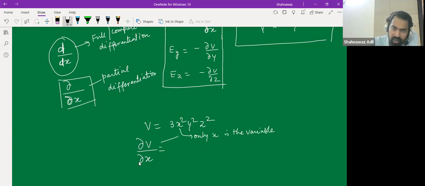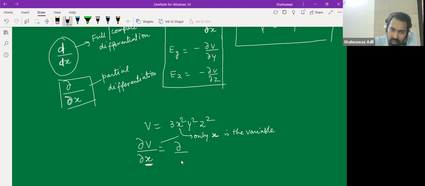In case of partial differentiation, only x would be the variable. If I am taking the differentiation with respect to x, then y and z are constants for this x variable.